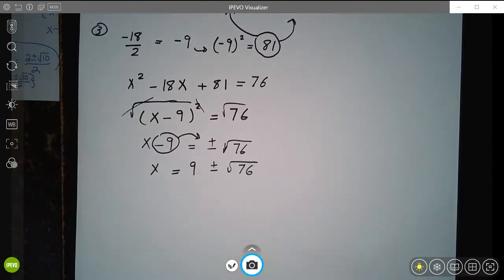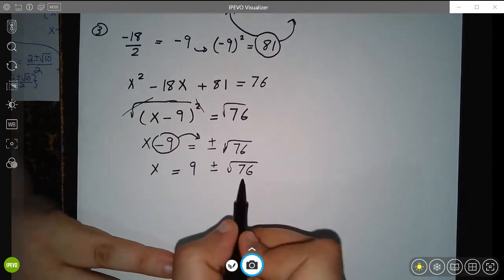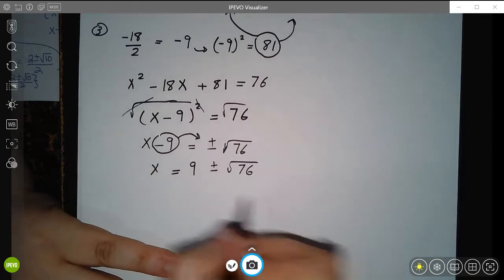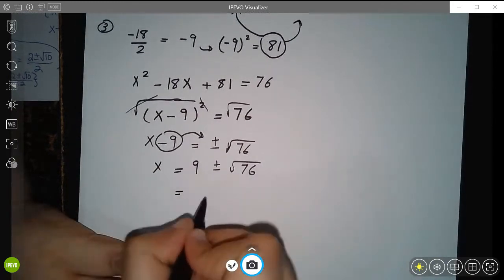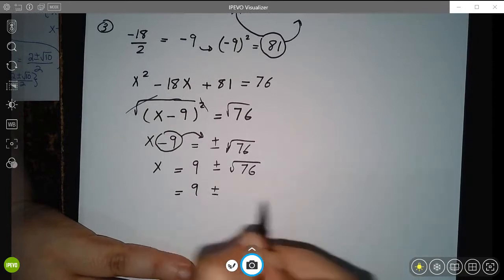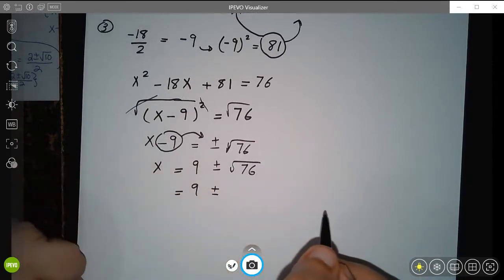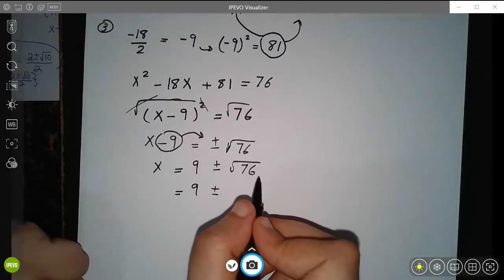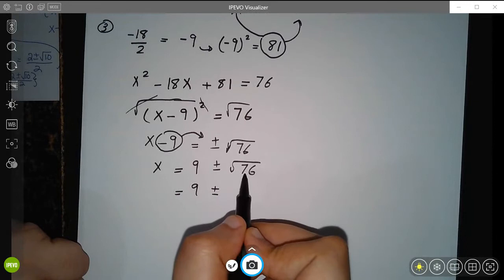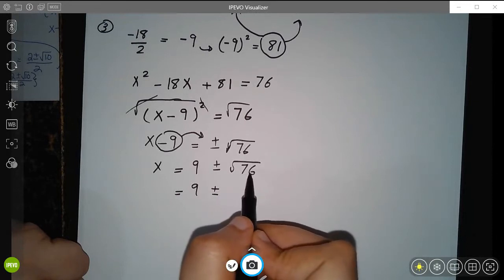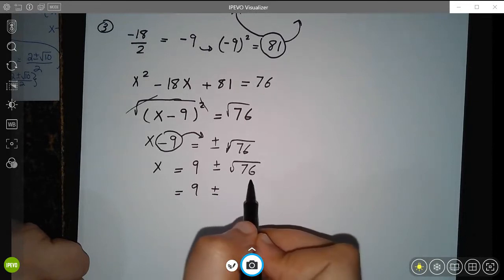Now, again, as far as I'm concerned, if you stop here, this is the correct answer. If you want to simplify the root, go ahead. Maybe I can do that for you here. For this example, 9 plus or minus. Okay, let's look at the root. 76. It's an even number. It's obviously divisible by 2. You could probably divide it by 4, and since we have a 4 under the root, that makes it 2.